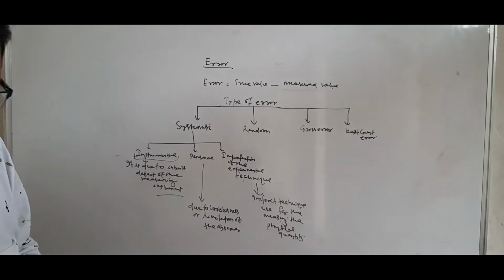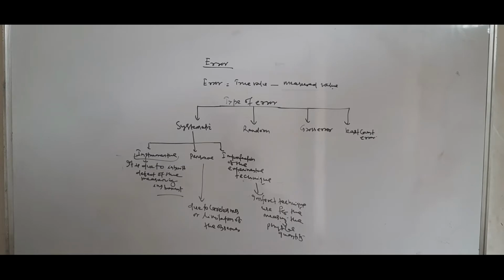Next one is your random error. The random errors are those errors which occur irregularly due to unpredictable changes in the experimental conditions. It means the random errors are sometimes positive or other times may be negative.